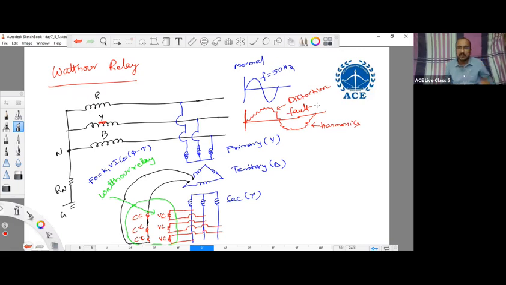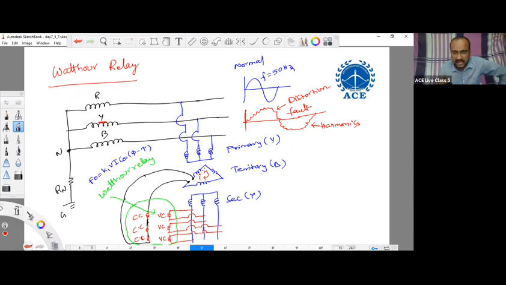The same harmonic voltage will be induced in primary, secondary, and tertiary. Due to these harmonic induced voltages, there will be circulating currents in the tertiary winding, and the relay will operate.